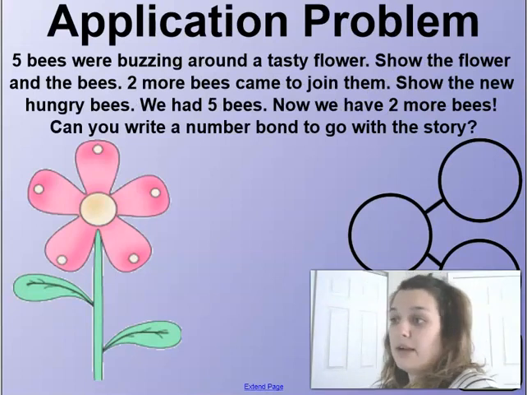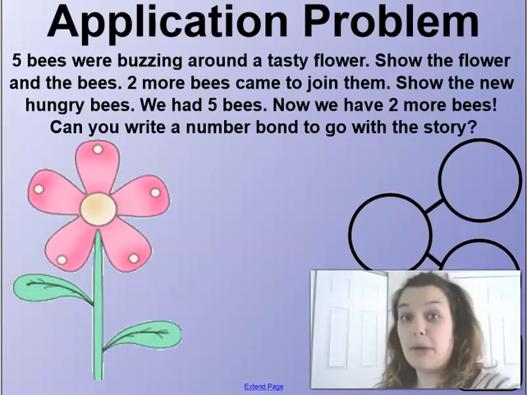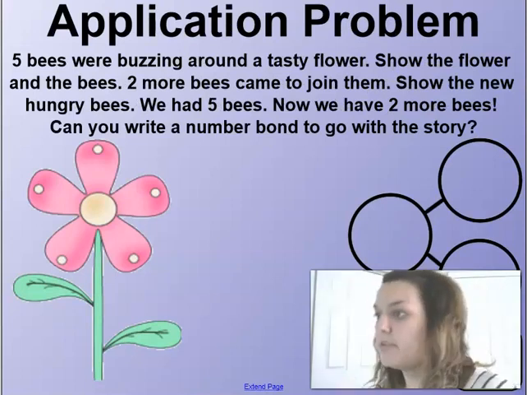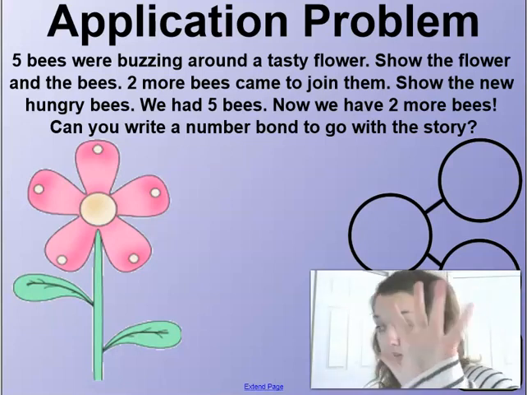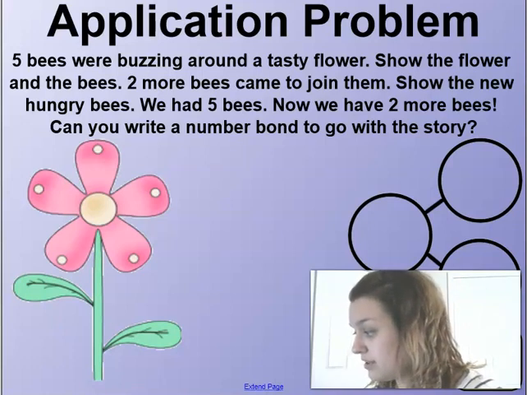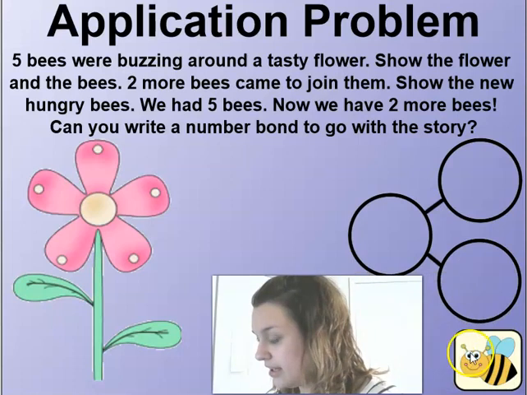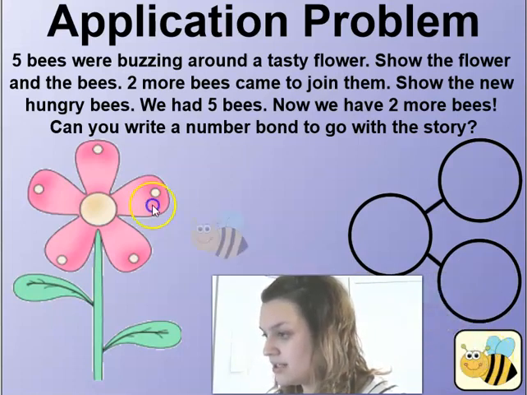For our application problem today, we're going to talk about bees buzzing around a flower. So 5 bees were buzzing around this flower. I'm going to move myself over here for a second, because here's our bees. So let's buzz them to the flower.